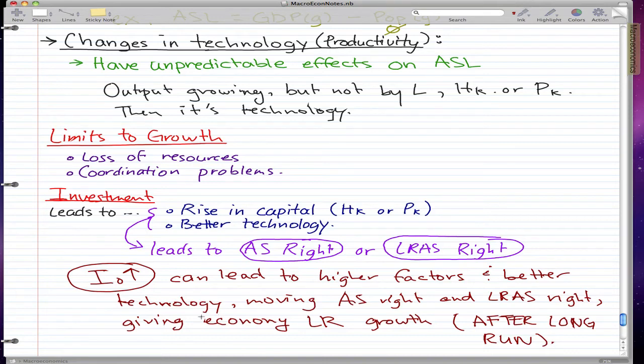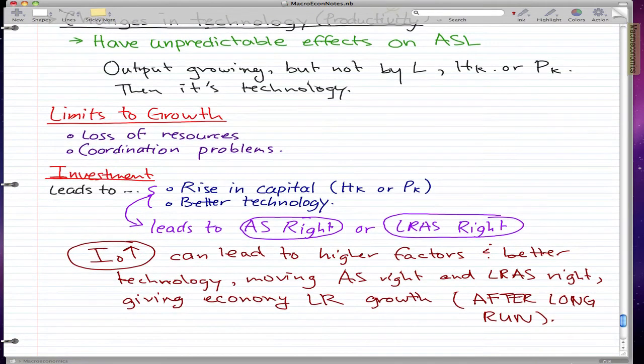This cyan colored statement sums up investment in a jiffy. Pretty much, if investment goes up, then that could lead to higher factors and better technology, and higher factors and better technology obviously moves aggregate supply right, and might move the long run aggregate supply right, giving the economy long run growth after the long run.